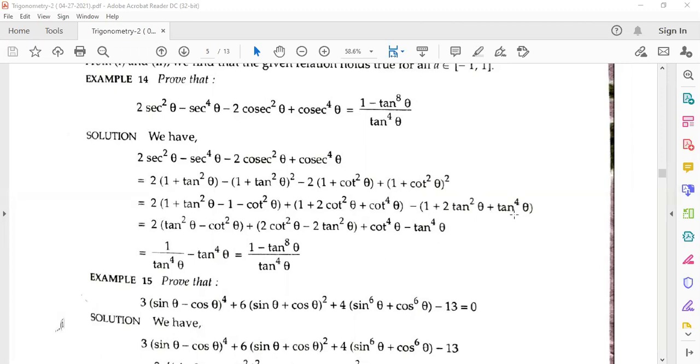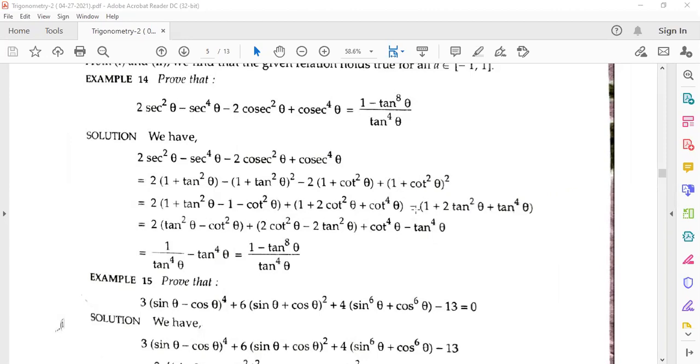Okay. So here plus 1 and minus 1 cut. Only tan square theta minus cot square theta is coming here, plus 2 cot square theta minus 2 tan square theta, and cot to the power 4 theta minus tan to the power 4 theta. This plus 1 and this minus 1 will be cut.